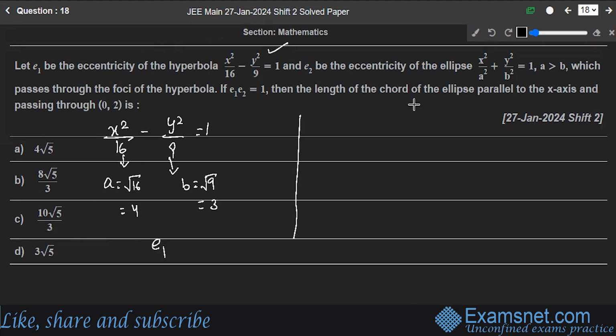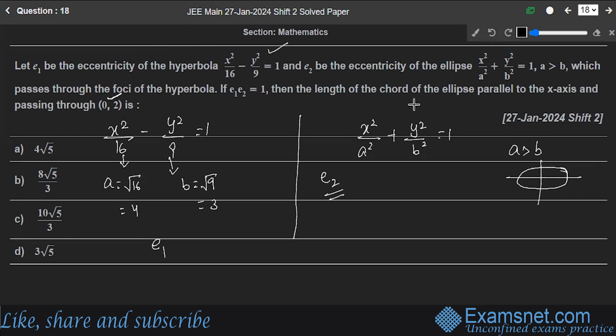The second one is an ellipse given by this equation. a is greater than b, that means this is a horizontal ellipse. This is having the eccentricity E2, which passes through the foci of the hyperbola. E1 into E2 is equal to 1. Then the length of the chord of the ellipse parallel to the x-axis passing through (0, 2) is.